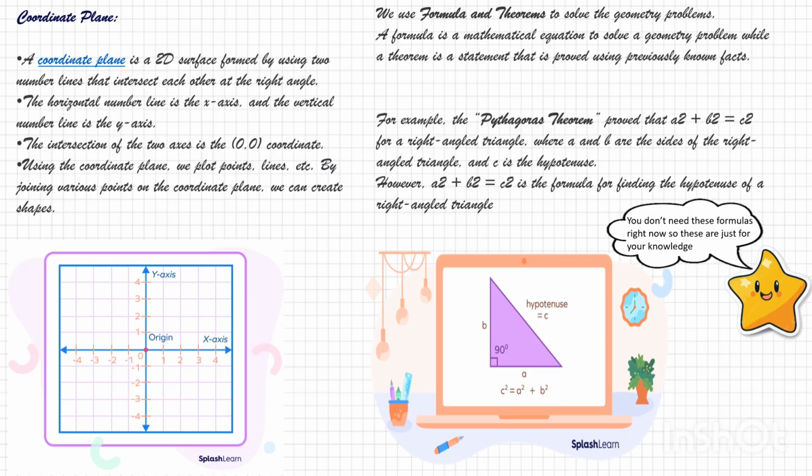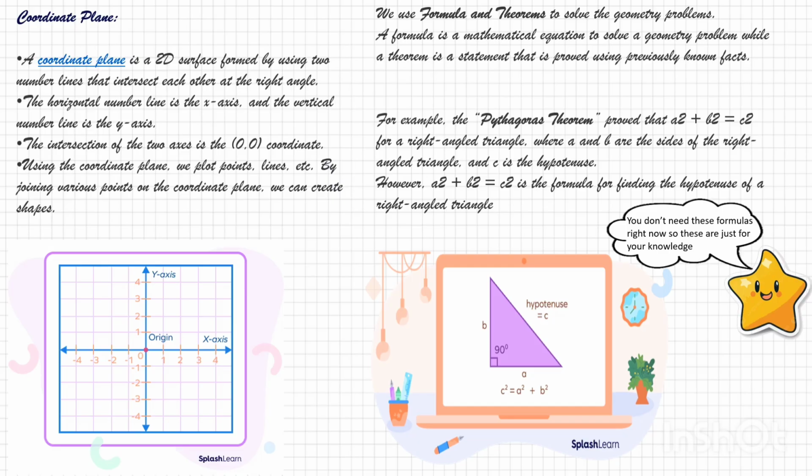We use formulas and theorems to solve geometry problems. A formula is a mathematical equation to solve a geometry problem, while a theorem is a statement that is proved using previously known facts.